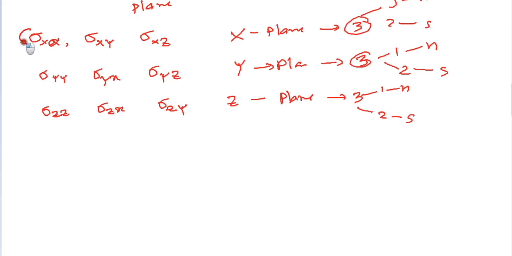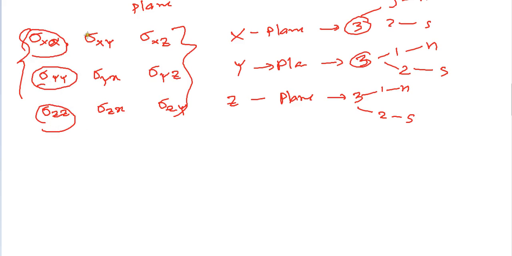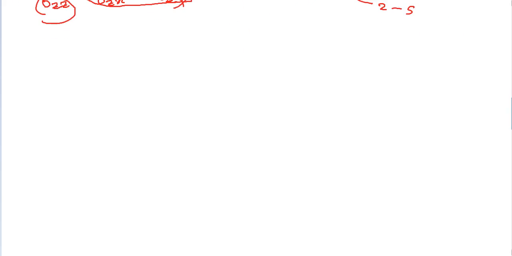So we have 9 components from the 3 planes, from the 3 stress or traction vectors. Among them 3 are normal components, and the rest, the 6, are shear components, right?